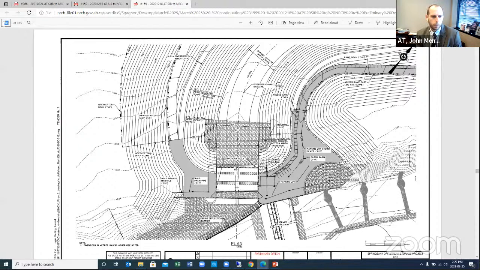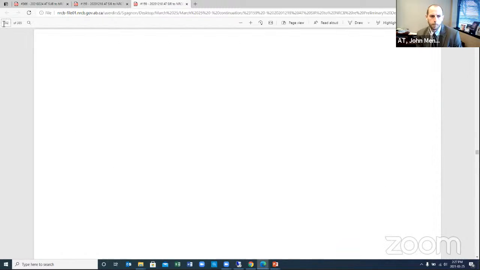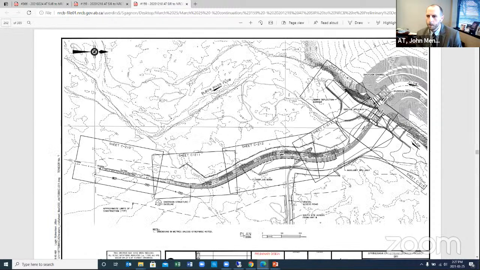Okay, so document manager, if you could go to page 262. All right. So this is a larger view. You can see the Elbow River running from left to right.